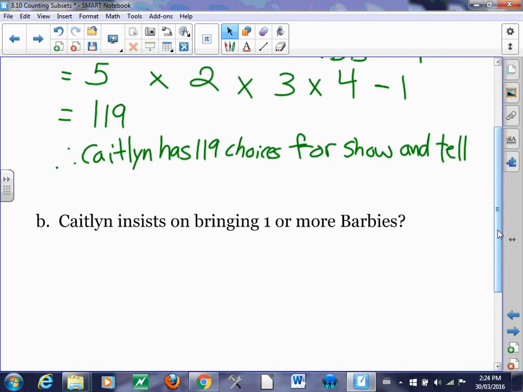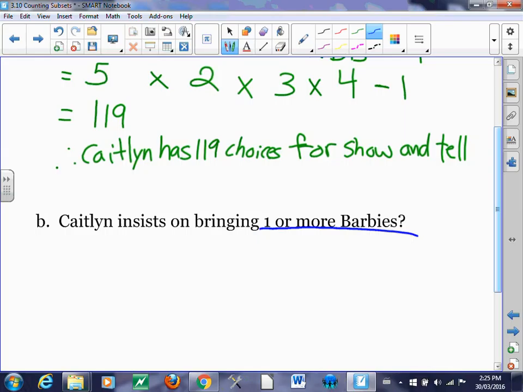Okay, now here is a little bit of a restriction. Caitlin insists on bringing one or more Barbies. So if we know she's bringing one or more Barbies, we don't have to worry about the null set because she's bringing at least one. That means out of the 5, she's bringing at least one.